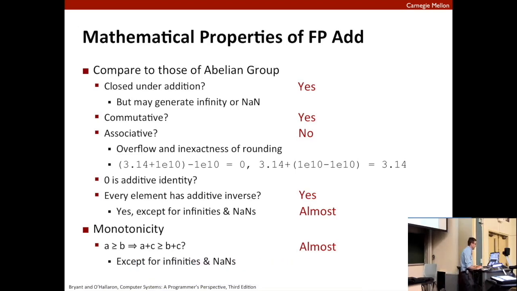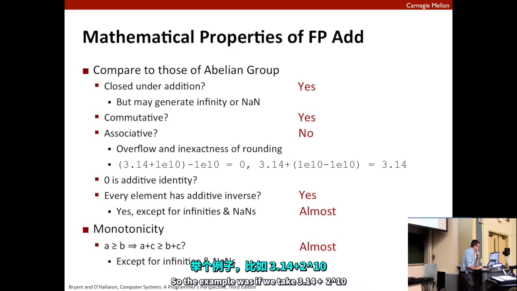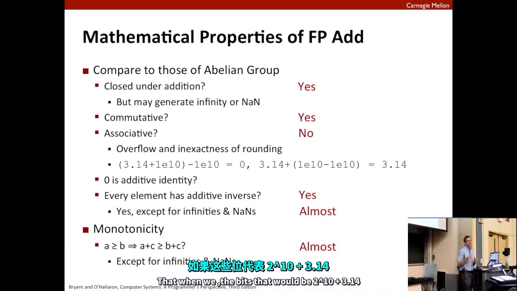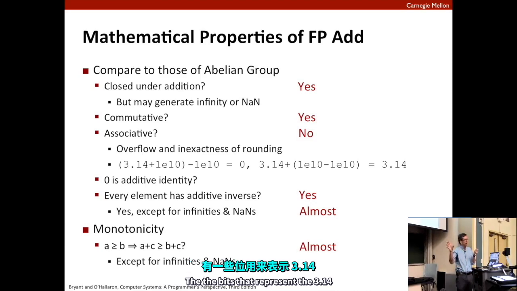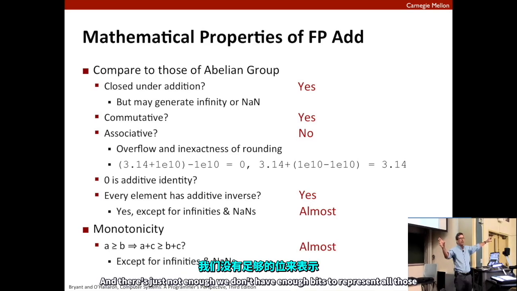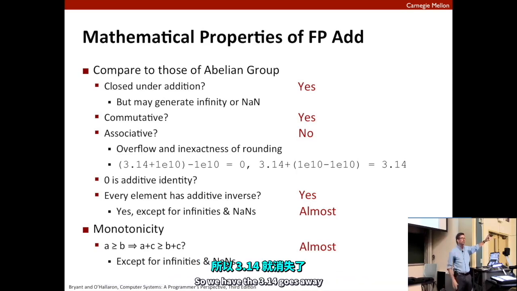you run into this problem of non-associativity. So the example was if we take 3.14 plus 2 to the 10th, 2 to the 10th is so much larger than 3.14 that there's one bit way out here that represents 2 to the 10th, and then there's a few bits here that represent 3.14, and we don't have enough bits to represent all those, so the 3.14 goes away.